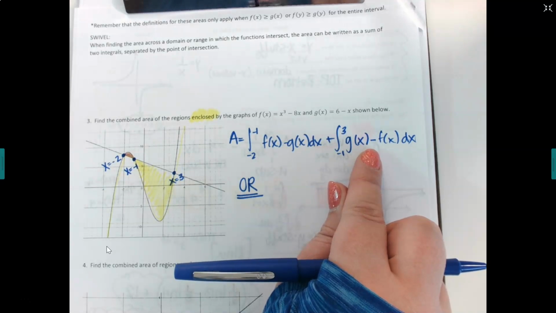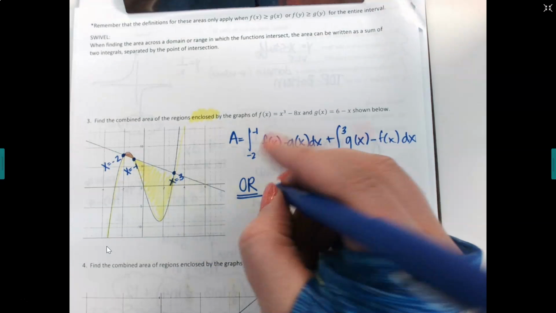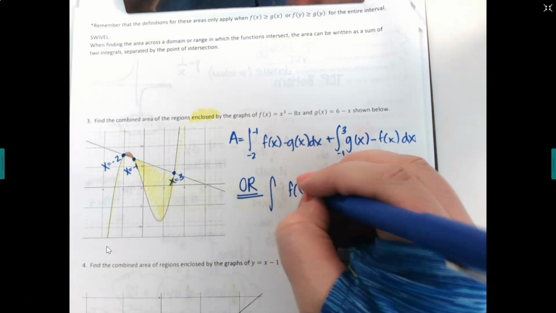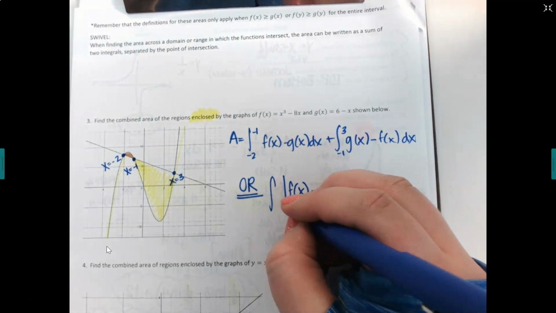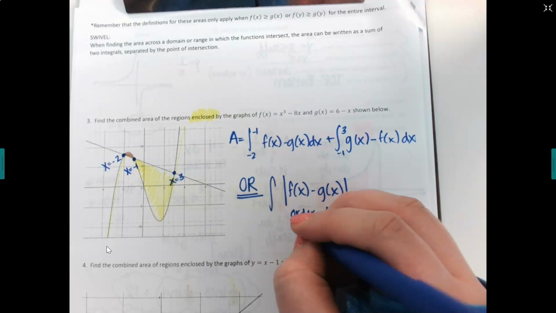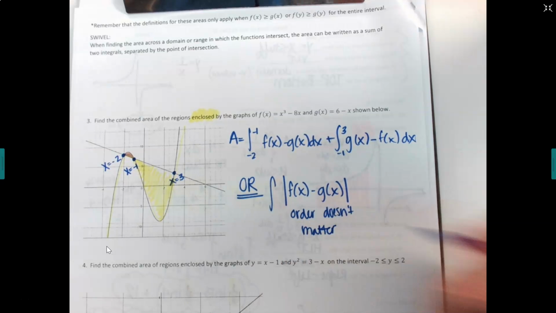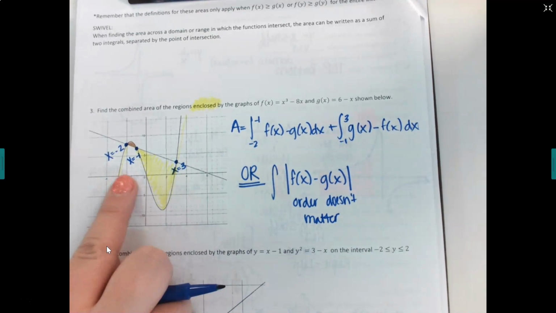What's 3 minus 7? What's the only difference? If I put absolute value bars, it'll turn it always positive. So what you can do is f of x minus g of x, but put them in bars, then the order doesn't matter. Now, here's why that's better: if the order doesn't matter, I don't have to break up into 2 pieces. What's the first boundary?